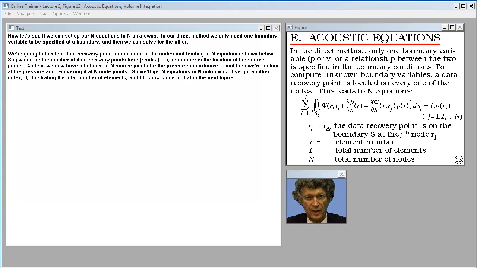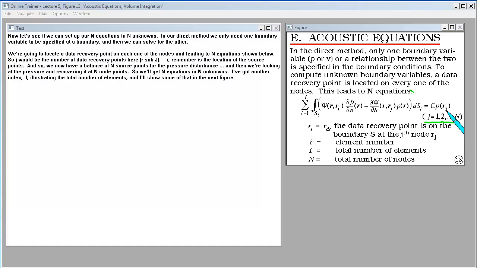Now let's see if we can set up our n equations in n unknowns. In our direct method, we only need one boundary variable to be specified at a boundary, and then we can solve for the other. We're going to locate a data recovery point on each one of the nodes, leading to n equations shown below. So J would be the number of data recovery points here, R sub j.